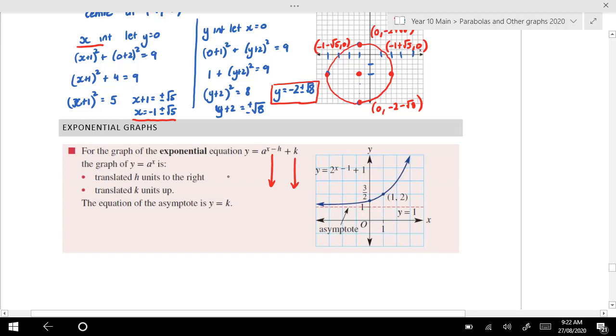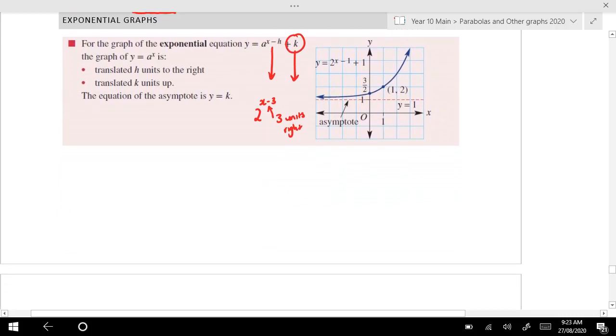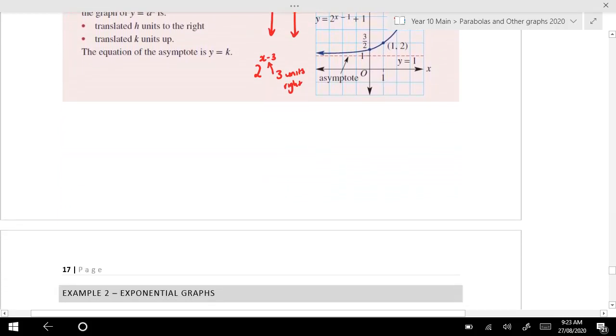If I had the graph of 2 to the power of x minus 3, then that would move it 3 units right. The easier one is this one, because that just moves it up or down depending on it being positive or negative. We also have an asymptote as well, which moves up or down.